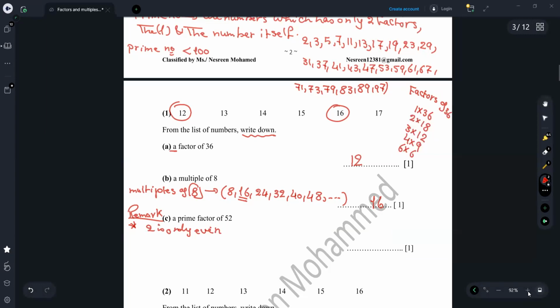This is here the 2. 2 is the only even prime and the smallest prime. Okay, this is the first one.